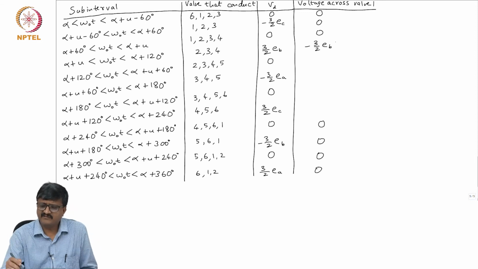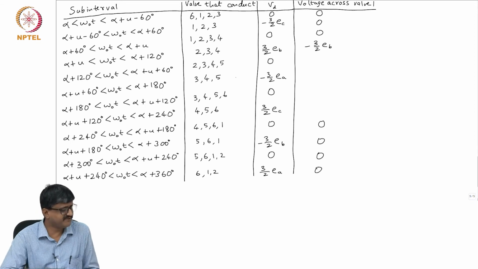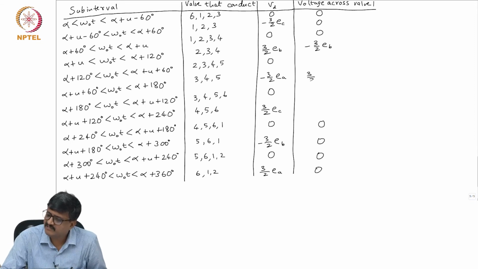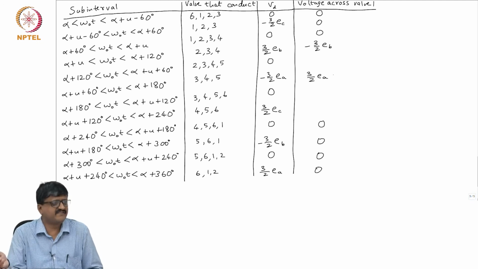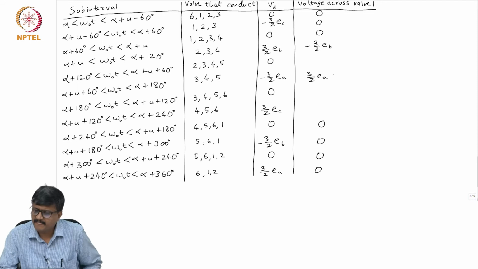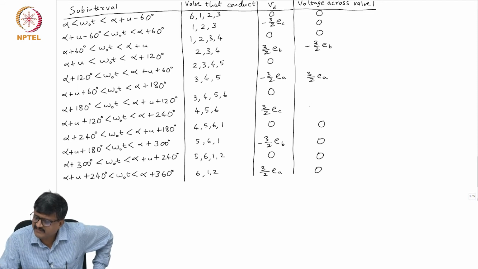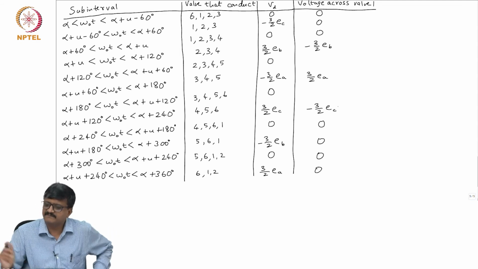We also have the result for the subinterval when valves 3, 4 and 5 are conducting. It is equal to minus Vd. So, this is 3 by 2 Ea. And we also have the result, from the previous table. So, when 4, 5 and 6 are conducting, voltage across valve 1 is minus Vd. So, this is minus 3 by 2 Ec.